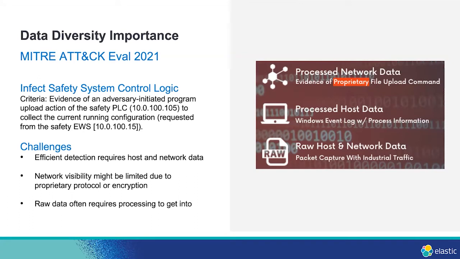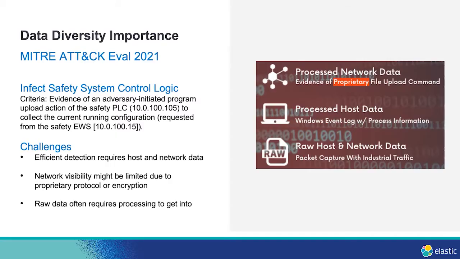So throughout that MITRE ATT&CK eval, there were different things that the vendors were supposed to detect. One example is here, you have an adversary-initiated program performing one of those protocol operations against two assets.